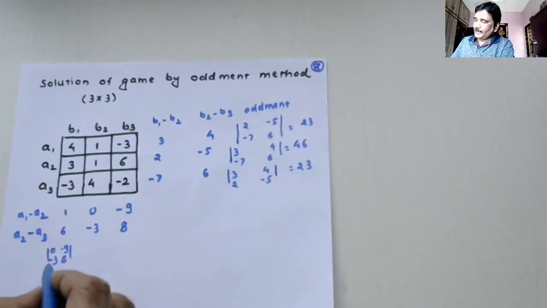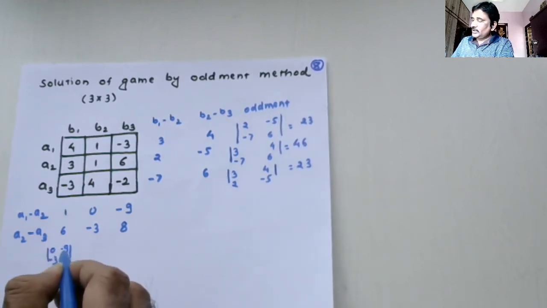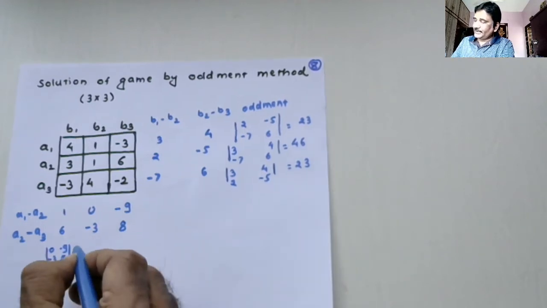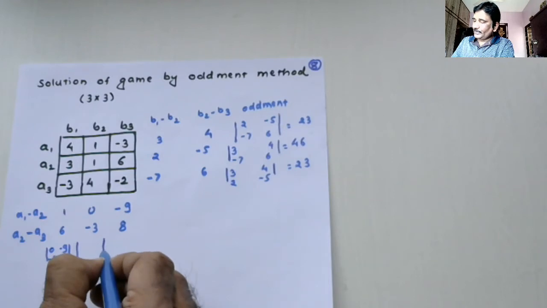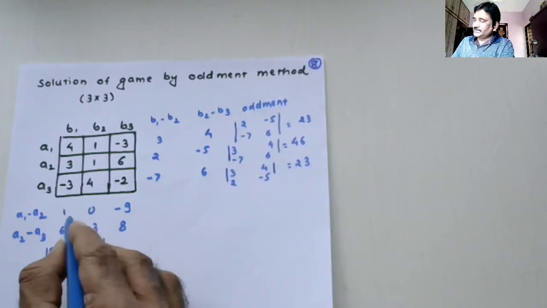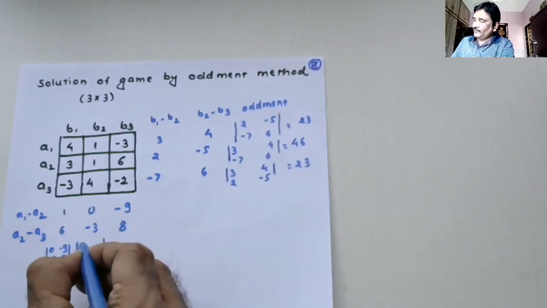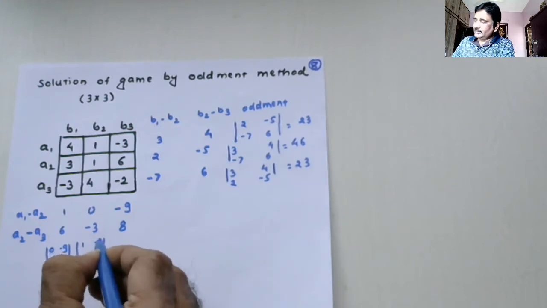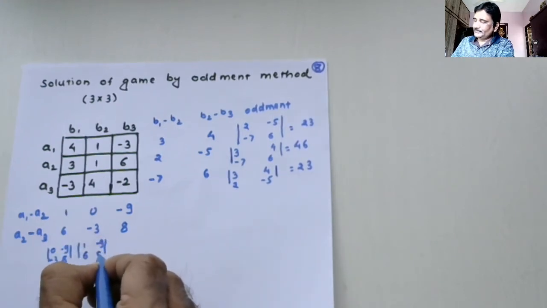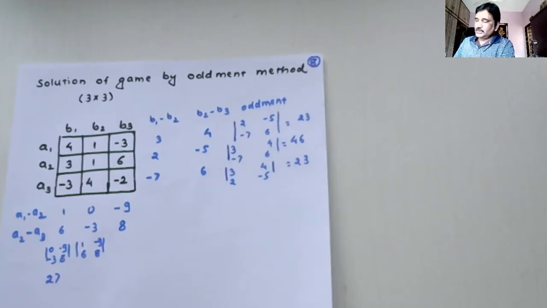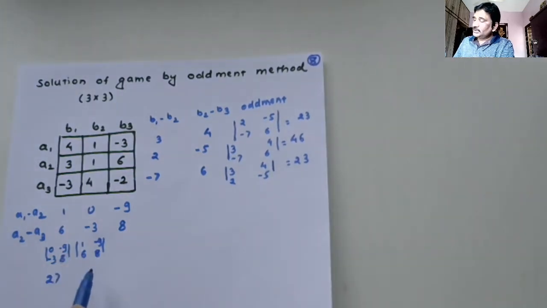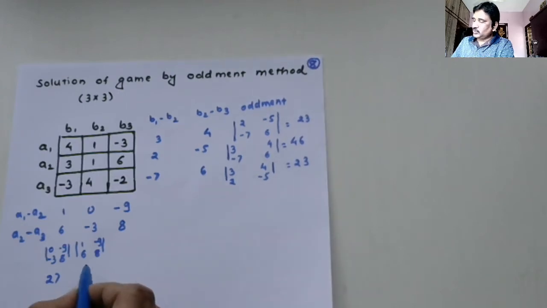So this comes 0, this is minus 27, so 27 simply here. Don't consider this, write another: 1, minus 9 and 6, 8. All right, how much does that come to? 8 plus 54, 54 plus 8, 62.